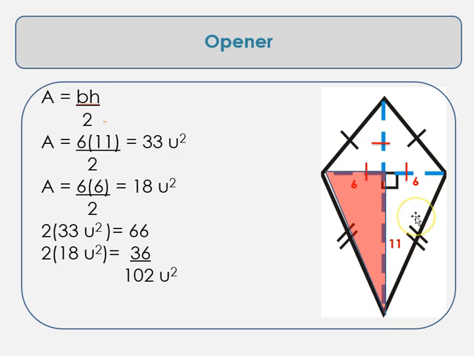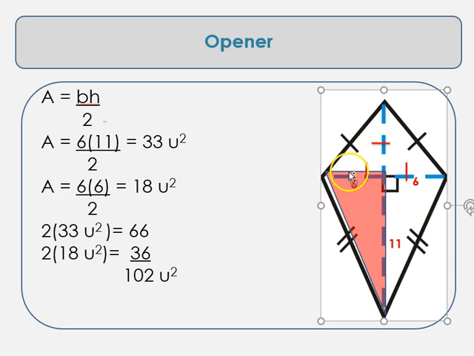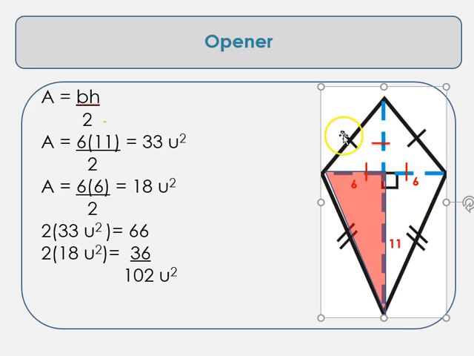So we know that these 2 bottom triangles are congruent, and they're congruent by side, side, side. The top 2 triangles are also congruent by side, side, side. You have the hypotenuse on both triangles, which is congruent. They share the piece for the height, so that's congruent, and the length of 6 is congruent also.